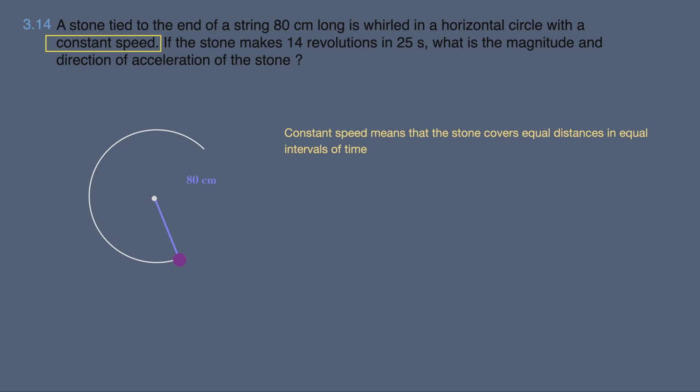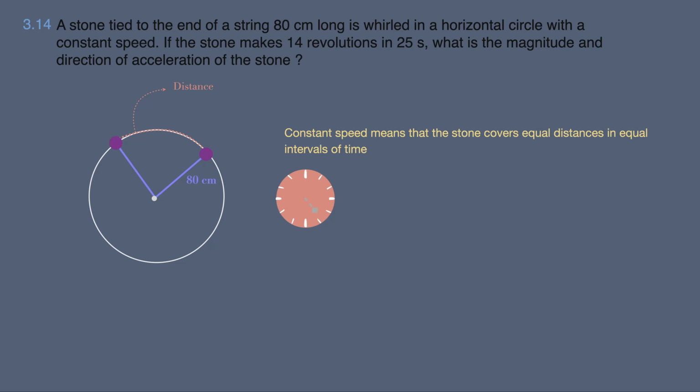Now, look at the motion of the stone. The stone is traveling along the circumference of this circle. So if the stone moves from this point to this point, the length of this curved path represents the distance traveled by the stone. But what about displacement?